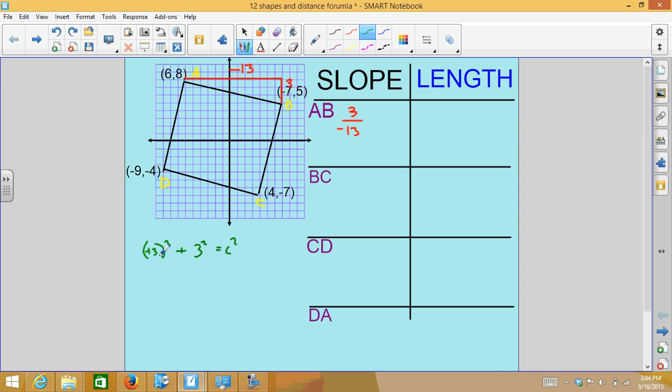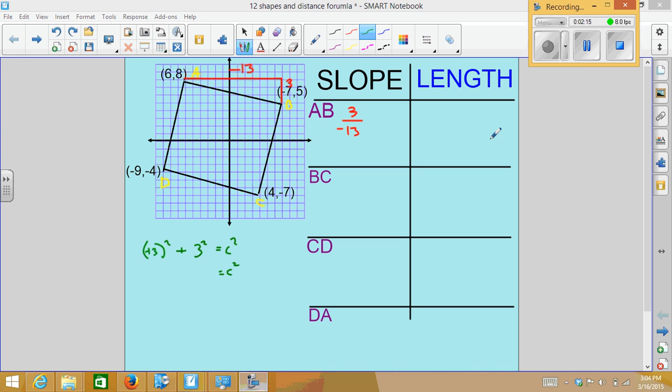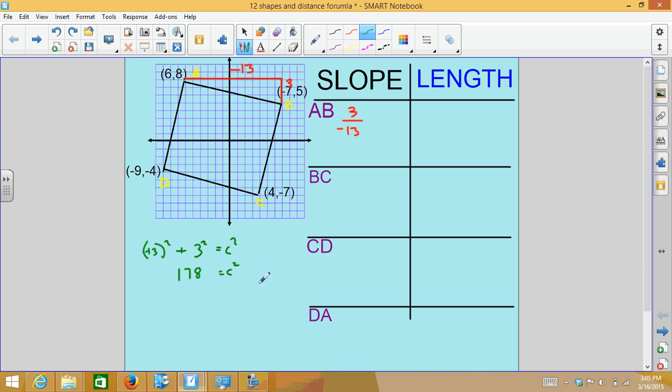When you go ahead and calculate this, you get 178, which is equal to c squared. If you don't put parentheses around these values that are negative, your calculator is going to kind of freak out, and it's not going to give you the right answer.